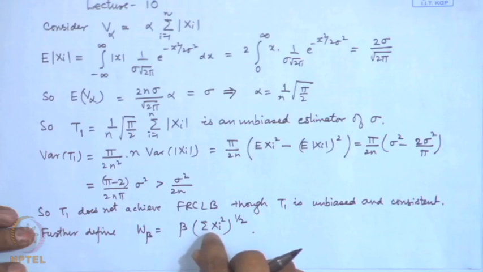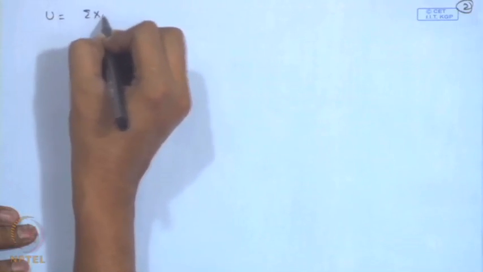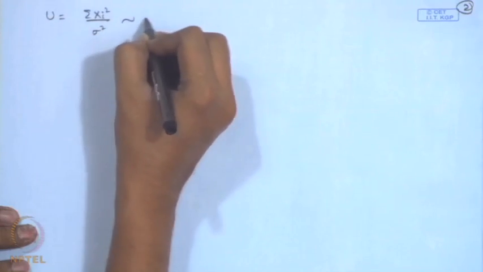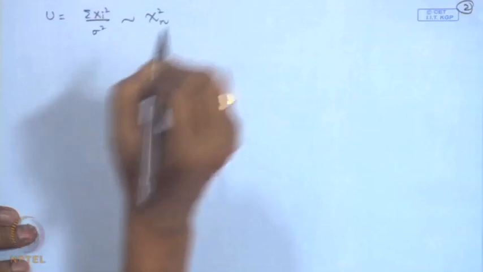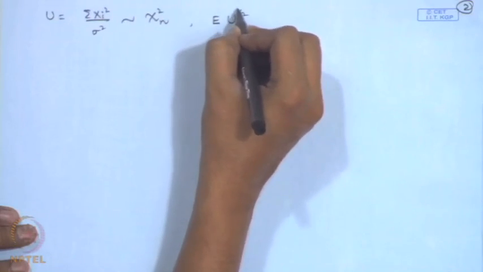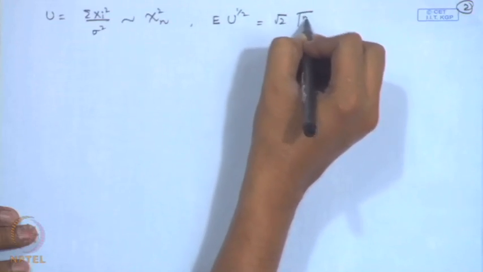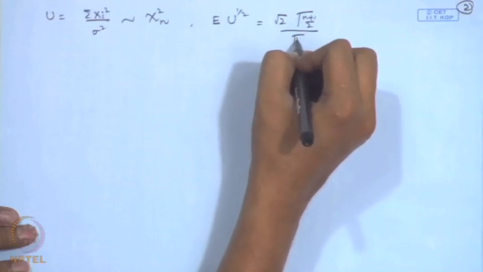The sum of squares of independent standard normal variables is a chi-square random variable. So, we get that u equal to sum of x i square by sigma square follows a chi-square distribution on n degrees of freedom. Now, if I have a chi-square, then the expectation of root u will become root 2 gamma of (n plus 1) by 2 by gamma of n by 2.